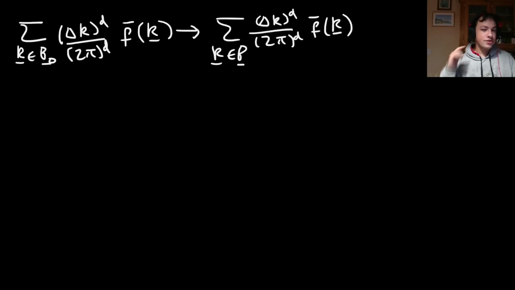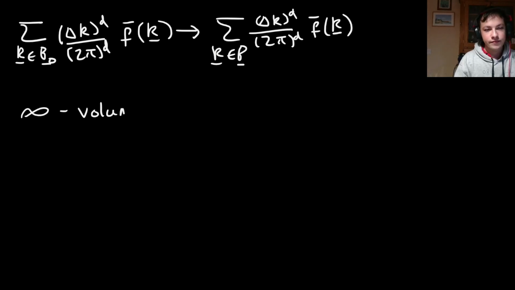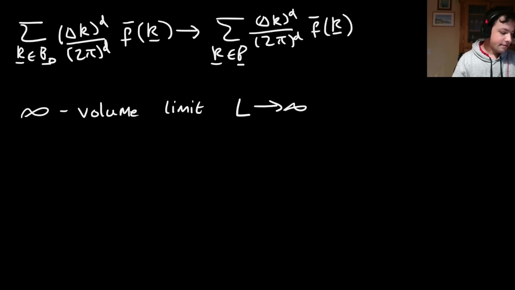And then after this, obviously, we want to get rid of the periodic boundary conditions by moving them to infinity. So we take the infinite volume limit. L goes off to infinity. And so now delta k is going to go down to 0.